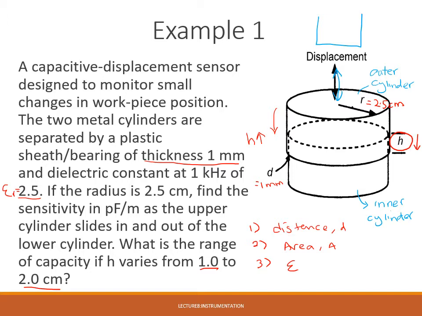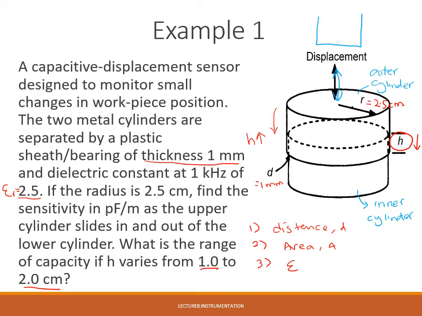So which one you think this design use for designing this displacement sensor? Is it distance? Is it the distance that change? Or is it area? Or is it the dielectric material?